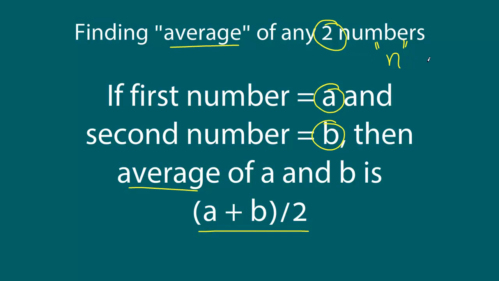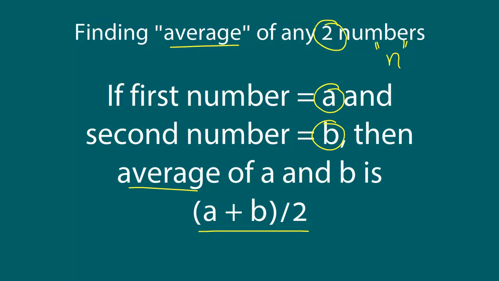If you were given 5 numbers and asked for their average, you would find the sum of the 5 numbers and then divide that by 5. But in this video we are focusing on finding the average of two numbers.